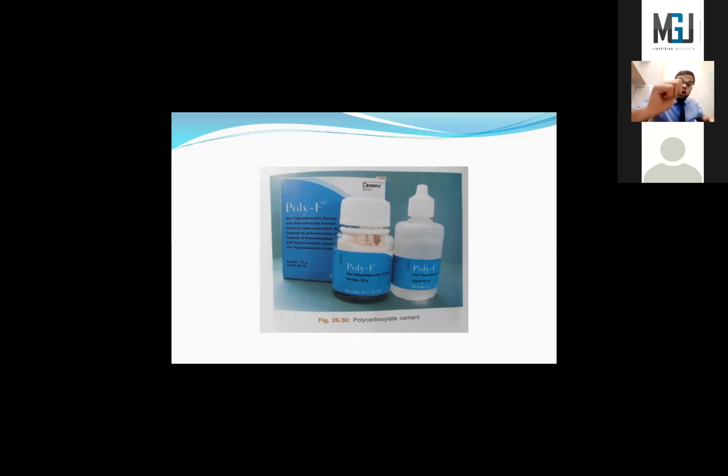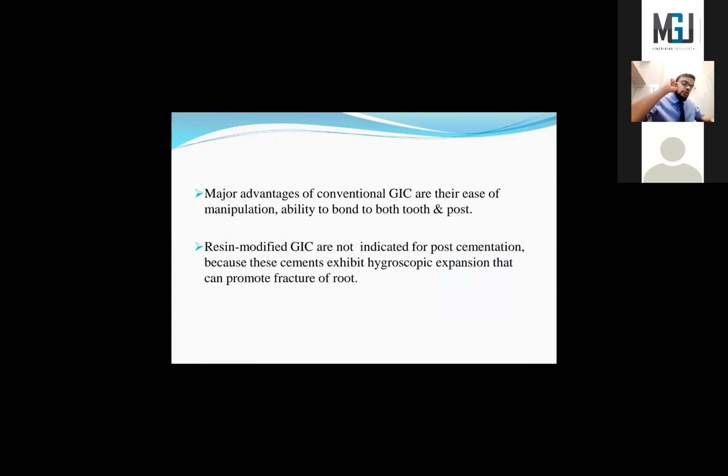Polycarboxylate cement is also used predominantly, very good. It's an economical cement, also got the concept of chemical adhesion, so very, very good. The second point that I have put up is for the earlier glass ionomer cements, not the newer ones. When the resin modified GICs came into the market, the earliest ones had the problem of hygroscopic expansion, which your routine GIC also exhibits.